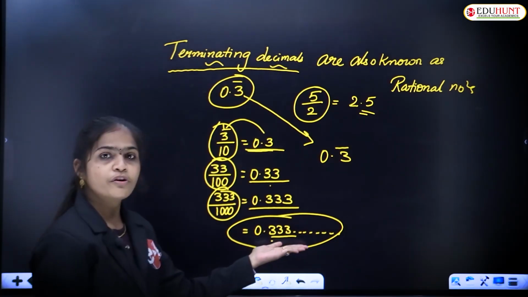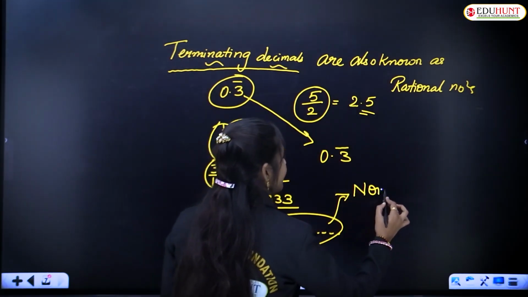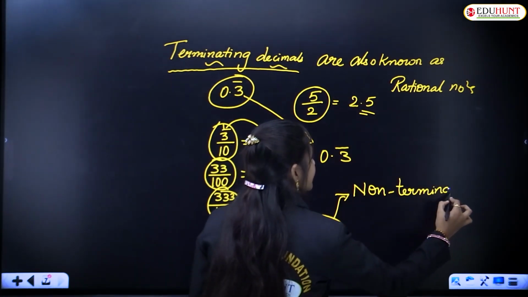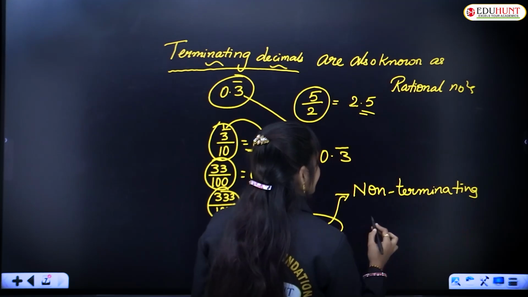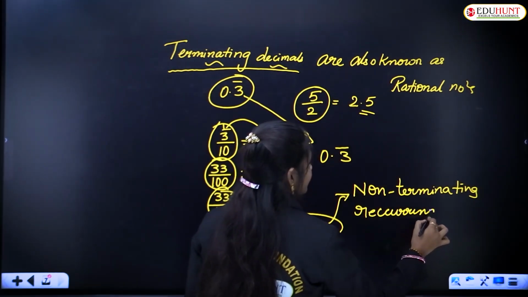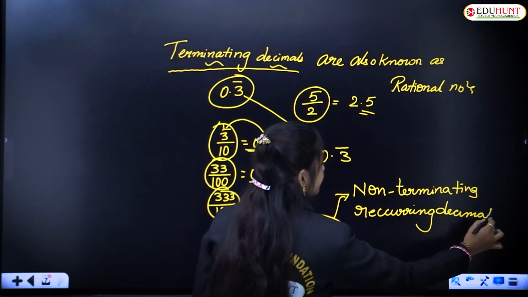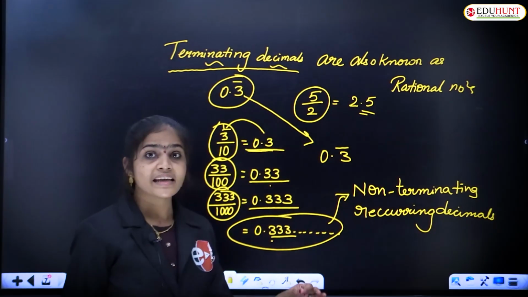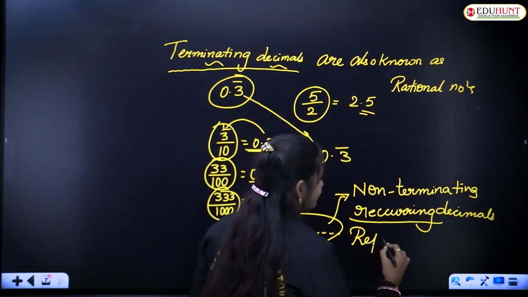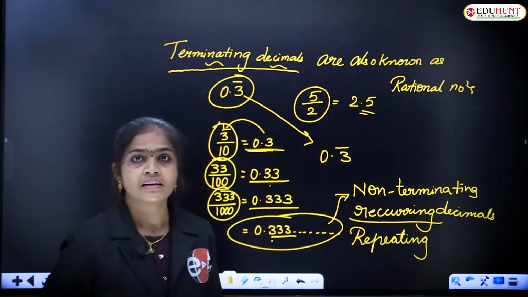This type of decimals we call non-terminating recurring decimals. Recurring means repeating.